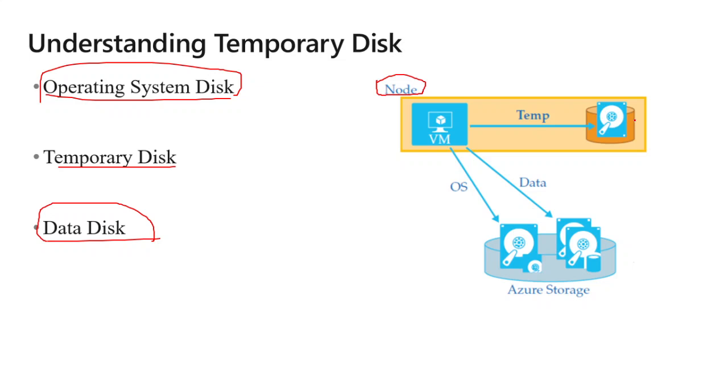So if we reboot the virtual machine, the temporary disk data will be deleted, but the OS disk and data disk will always be there. All right. Any questions so far, guys? Any questions?